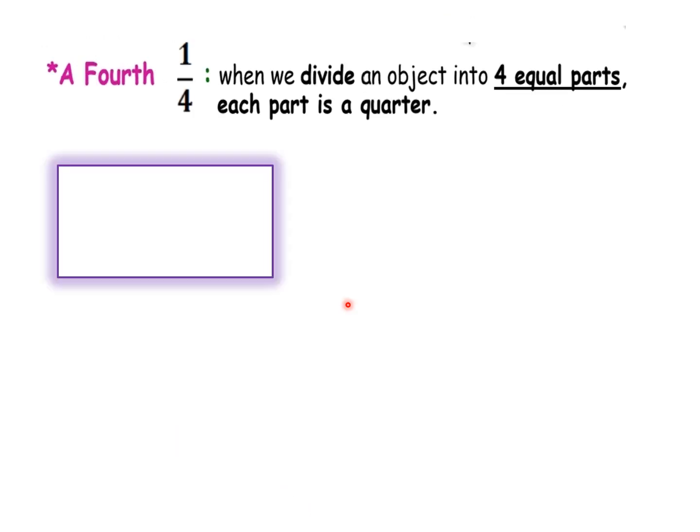A fourth: when we divide an object into 4 equal parts, each part is a quarter. Remember, you can say fourth or quarter, it is the same.